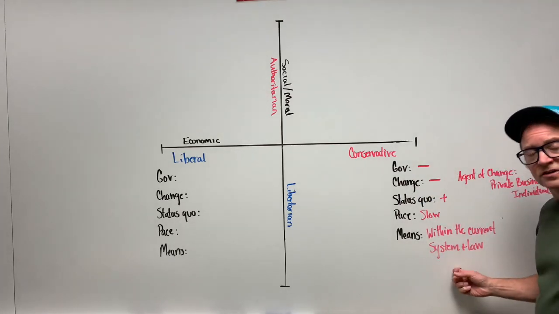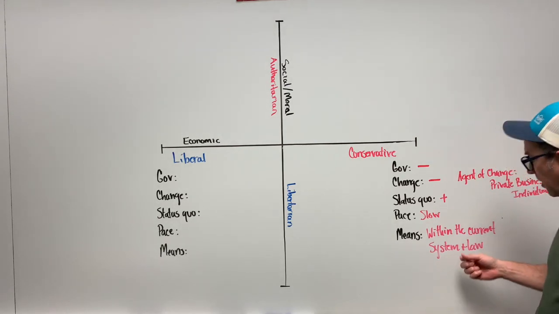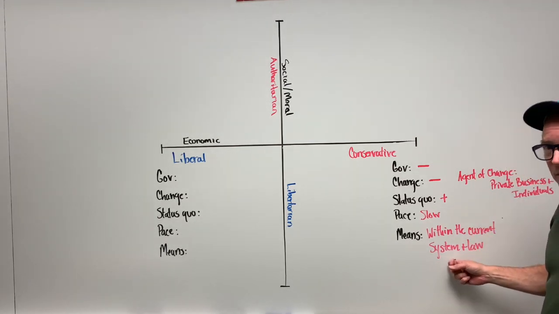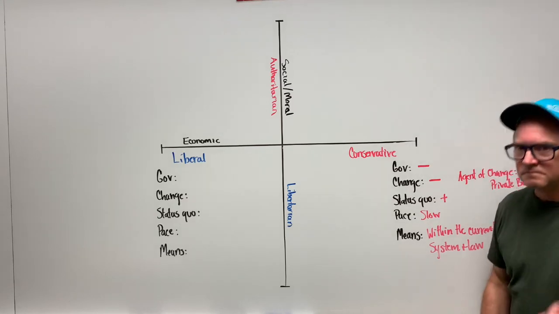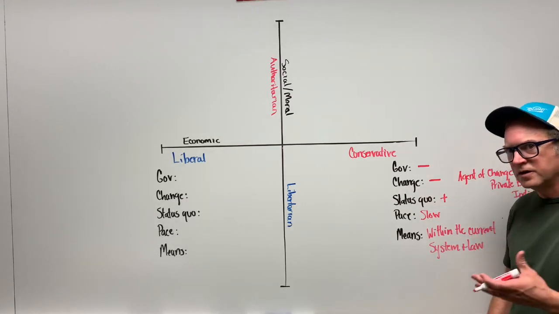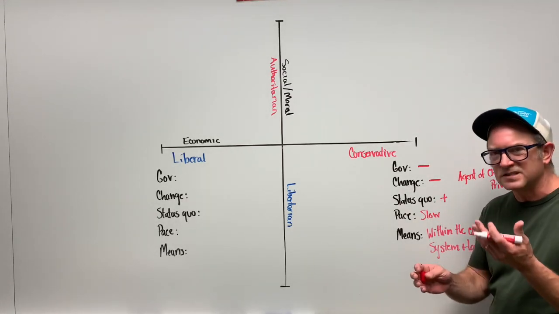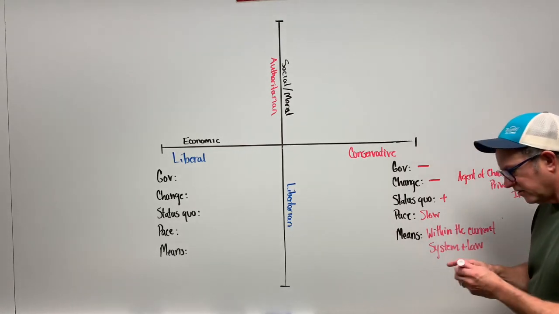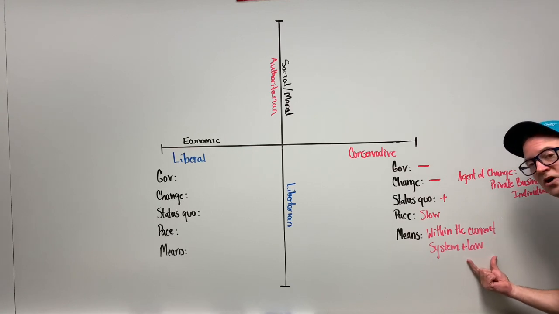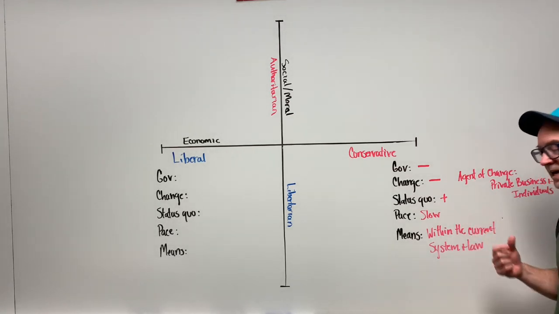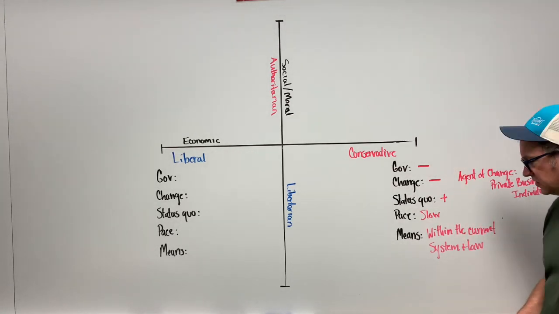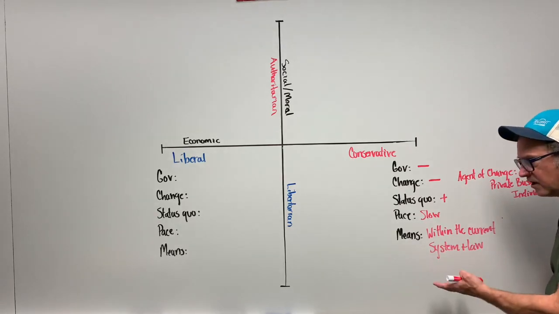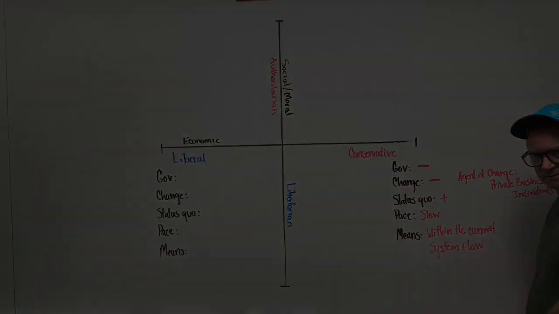So they're going to use our current system, our government, our presidential federal republic, to preserve the status quo or to implement what they might feel is necessary, regimented, slow change. They're also not willing to break the law to preserve the status quo or to implement that change. They're going to stay within the current system and law. That's conservative.